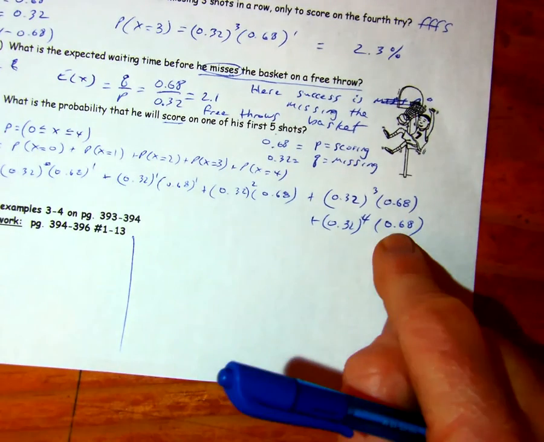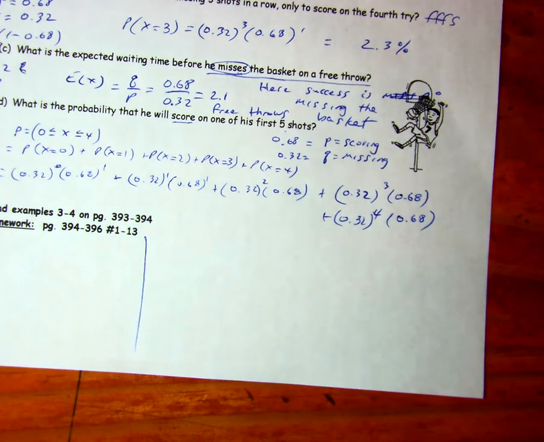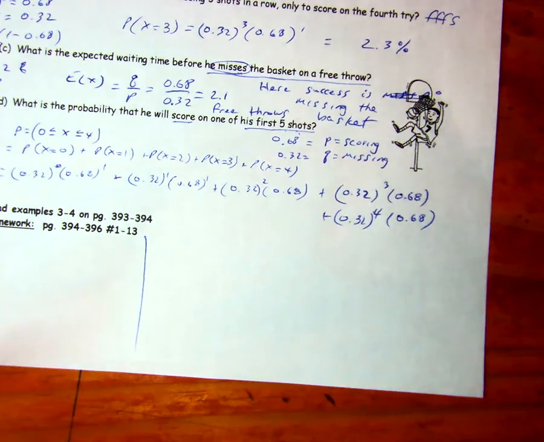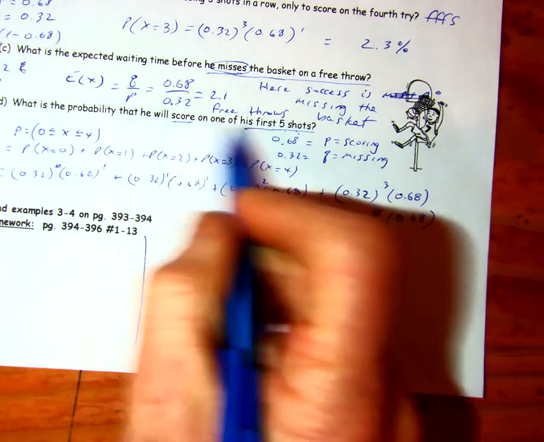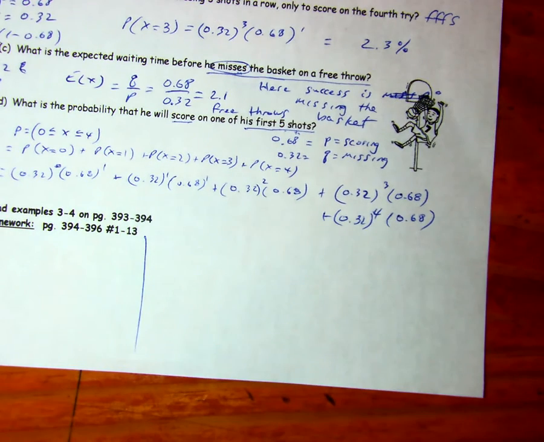He can't miss all 5. He's got to make a basket within the first 5, so there's got to be at least one. If it was all 5 failures, then that wouldn't be part of this.